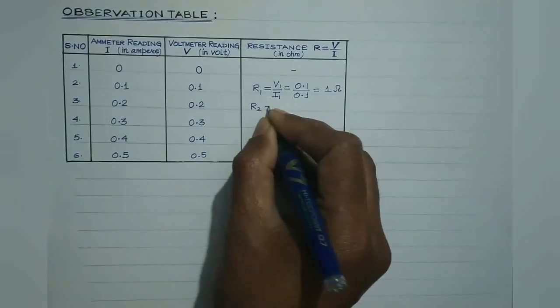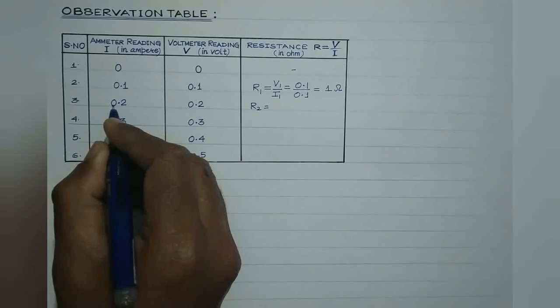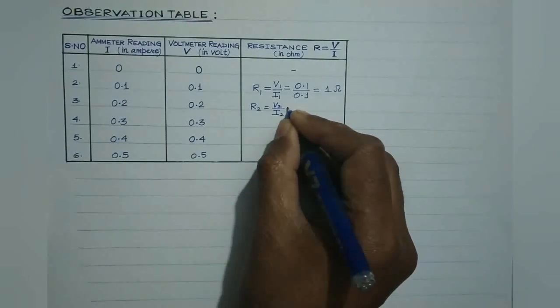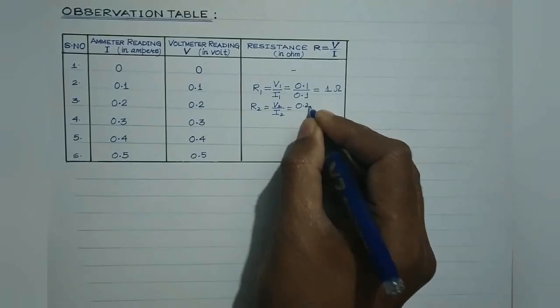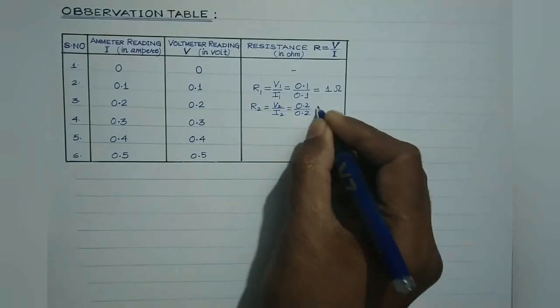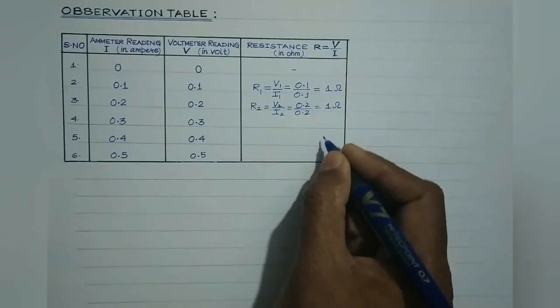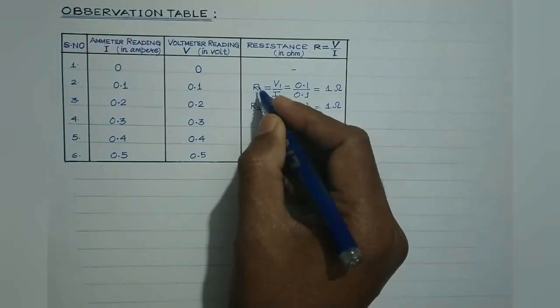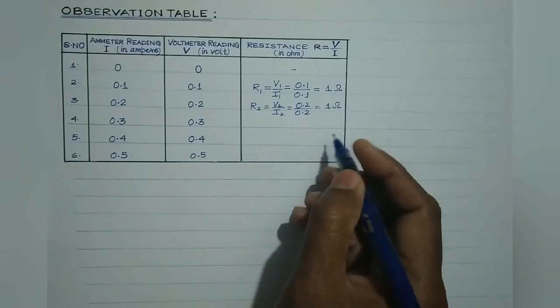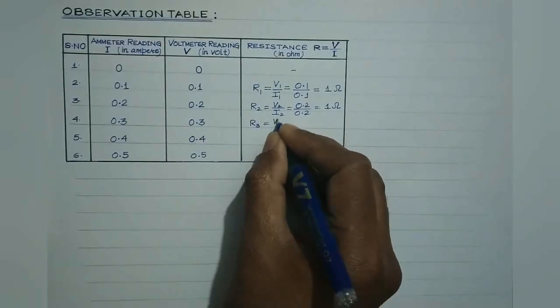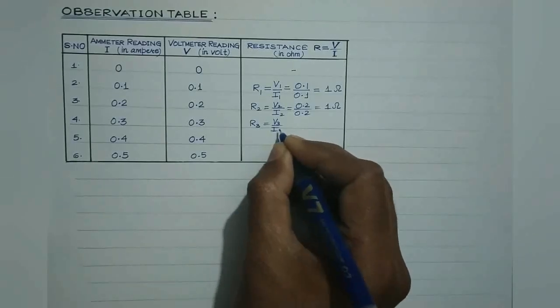R2. So here this is V2, this is I2. So V2 by I2 will give us 0.2 divided by 0.2. So that will give us 1 ohm. So more or less the values of R1, R2, R3, R4 should be same. So R3 is equal to V3 by I3.